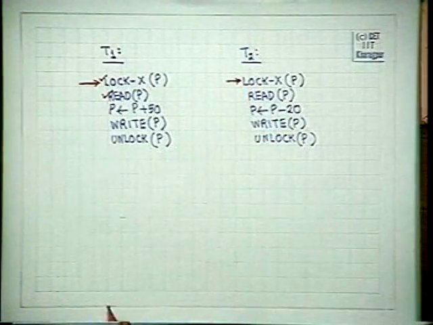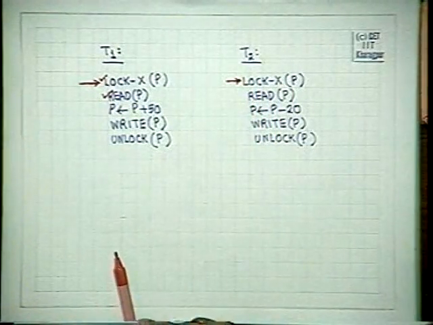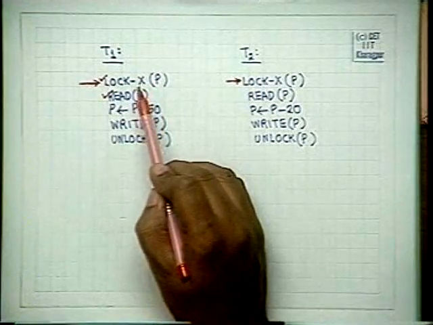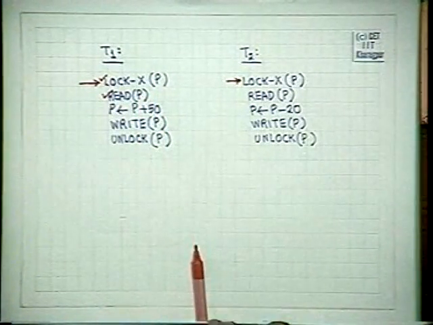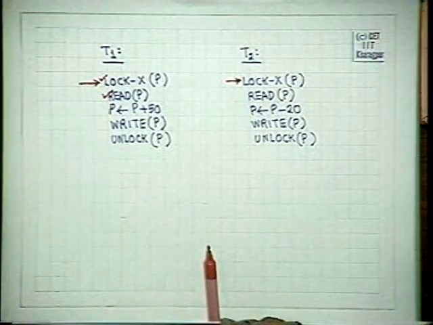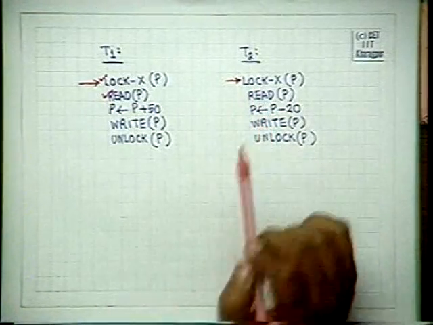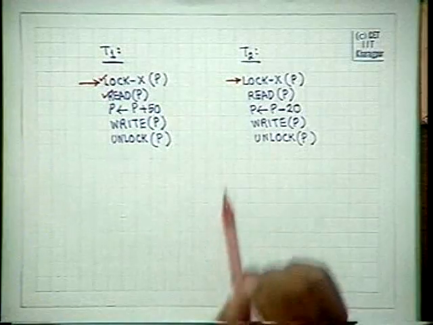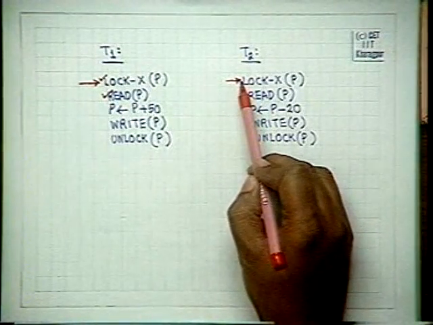At this point, when this tries to do a lock P, it will see that P is already locked in exclusive mode, which means somebody has locked it, and will read and write on that data. Since this will also read and write on that data, it will not be allowed to. So virtually this transaction will wait at this point.